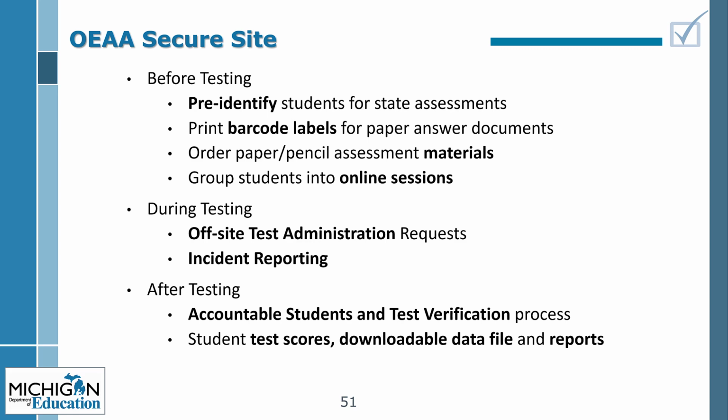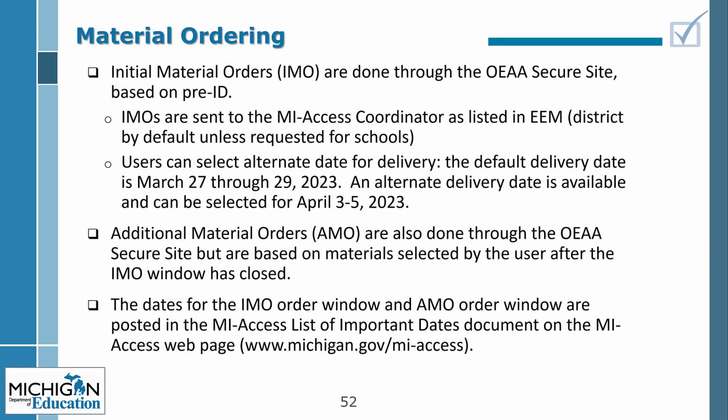Initial material orders are processed through the OEAA Secure Site and are based on your pre-ID counts. IMOs are sent to coordinators by default to the district unless designated to individual buildings in the district. Users may select an alternate delivery date, either March 27th through the 29th or April 3rd through the 5th.